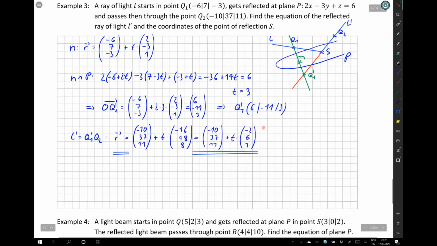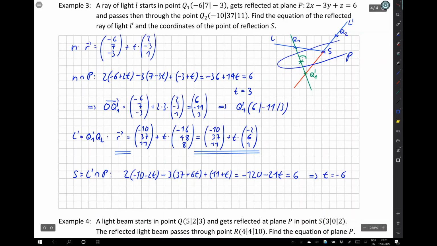And we get this equation for L'. The last task is to find the point of reflection S, which means that we have to intersect L' with the plane P. And we get the equation -120 - 21t equals 6, so t equals -6, and so we find the point of reflection S is (2, -1, 5).